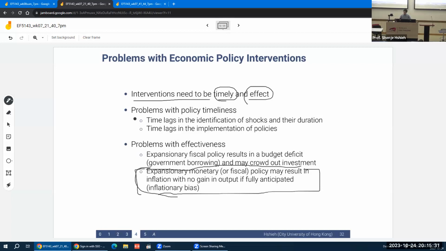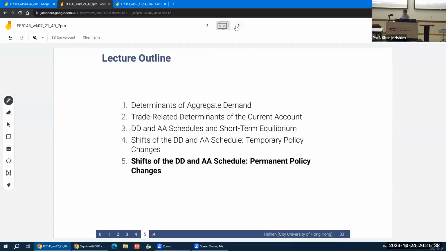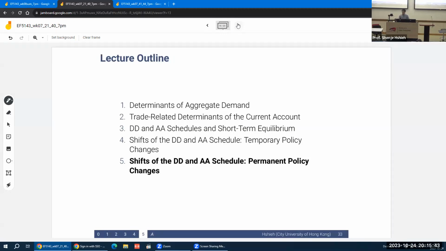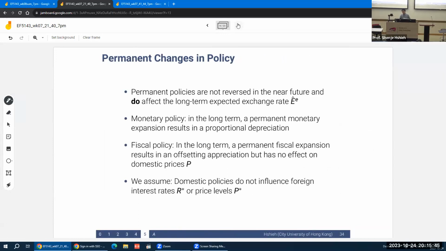Okay, so let's talk about the shift in the DD schedule and AA schedule under permanent policy. So unlike temporary cases, permanent policies means that if there is a change, that change is there forever, and therefore expectations also have to change, right?